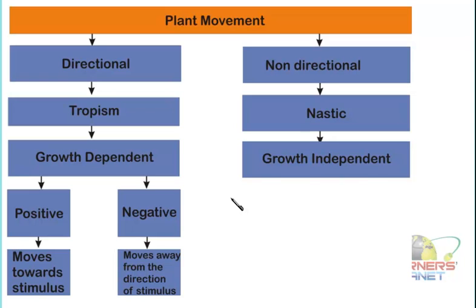Once the increase has occurred, it cannot be reverted back. Suppose the length of the plant has increased, it will not come back to the short height. Once it is attained, it may grow even taller, but it will not revert back. So these are usually permanent effects. But in the case of growth-independent effects, they can revert back to the normal shape, as we had studied in the case of Mimosa pudica, that is the touch-me-not plant.